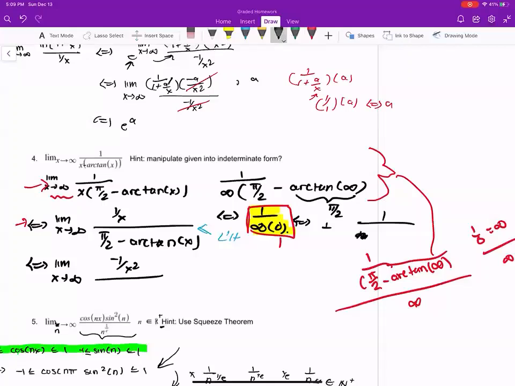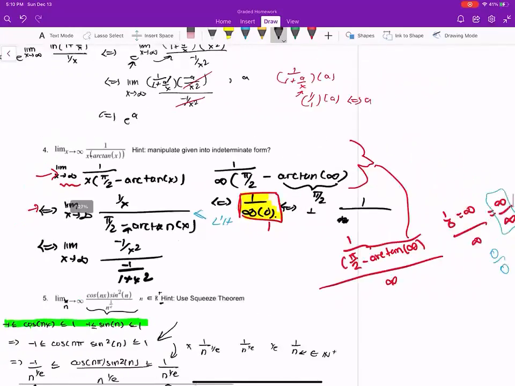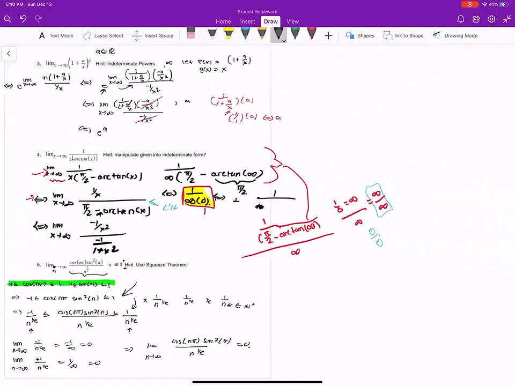So moving on, you differentiate the bottom, you get negative 1 plus x squared. Note that there's a negative here. Substitute infinity and arctan, you get pi over 2, then pi over 2 minus pi over 2 is here.